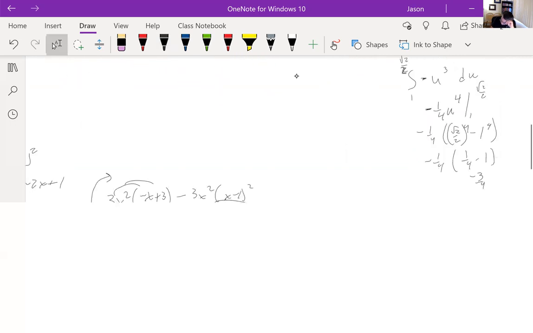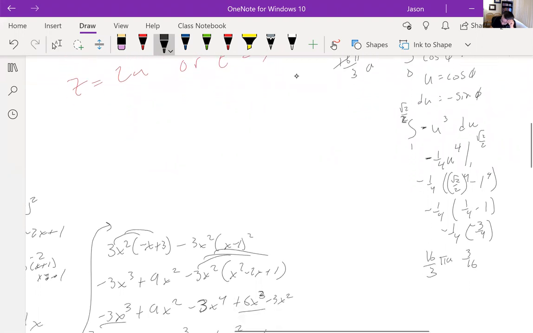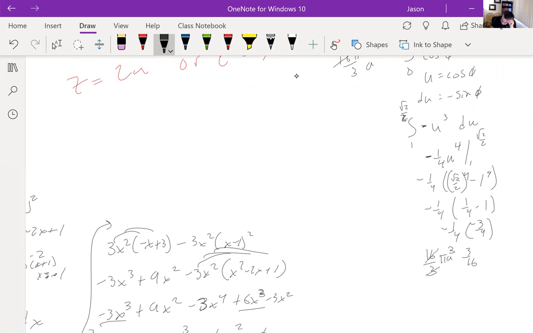Okay, and times a negative 1/4. That's going to be 3/16, which is going to cancel with the 16 over 3 pi, and it's pi a cubed. Oh, there we go. So it was this right here.